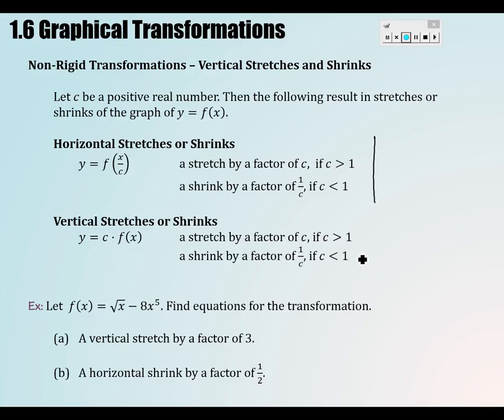I think I understand that, Mr. Chase. But this one requires maybe a fancy slide. I didn't prepare a fancy slide with blue and red graphs for this one, but I think the conversation would sound almost the same if you did a graph. We talked about what it means to horizontally shrink or stretch. Because I think people kind of wonder, when I divide by 2 inside here, why does that produce a horizontal stretch by a factor of 2?